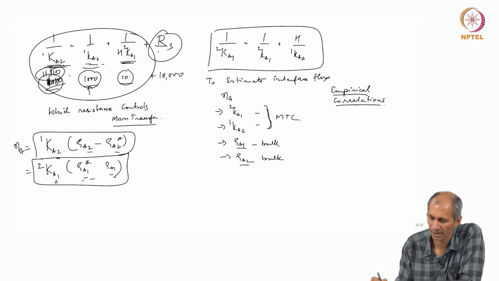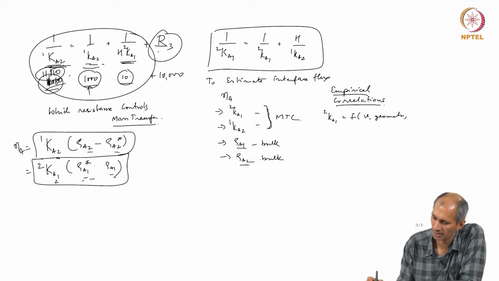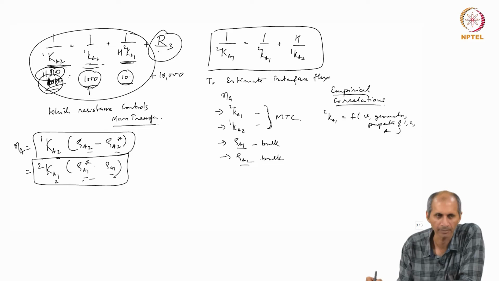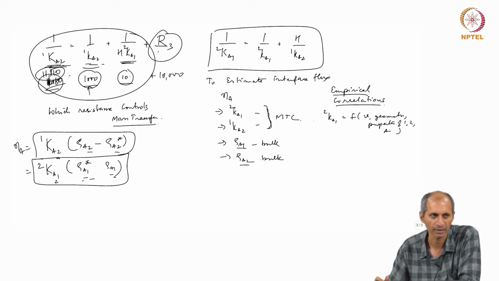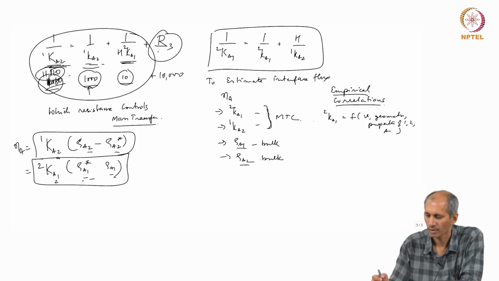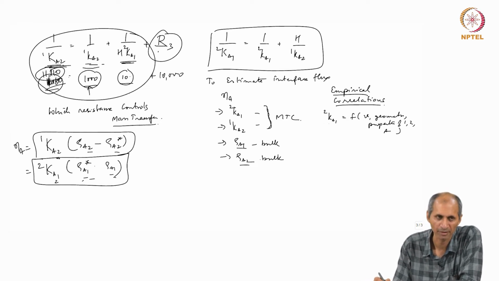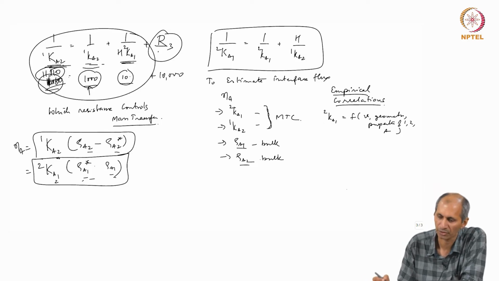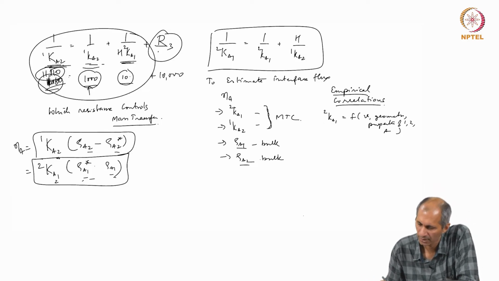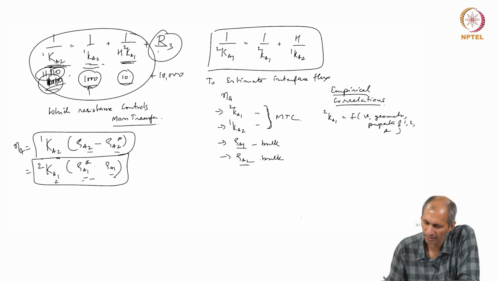Empirical correlations means we are saying K12 is a function of several things: a function of velocity, a function of geometry, and the properties of 1, 2 and A, a bunch of things. Okay. And the word empirical means that this is a measured mass transfer coefficient under different conditions, and we use that in order to estimate flux for a different system.